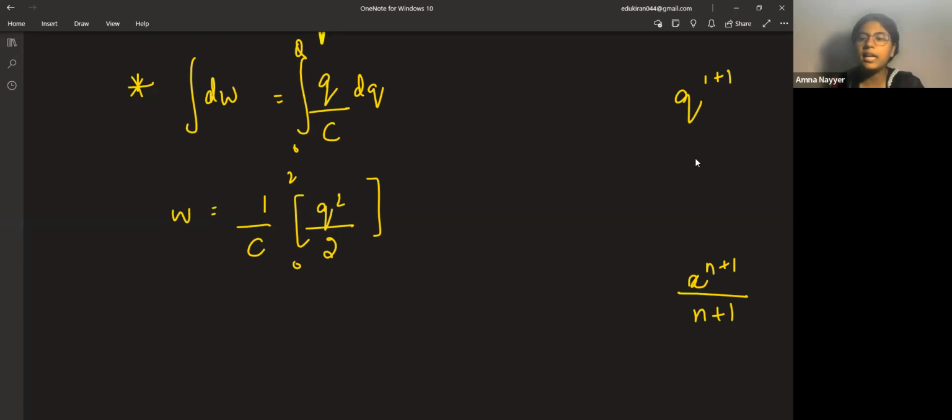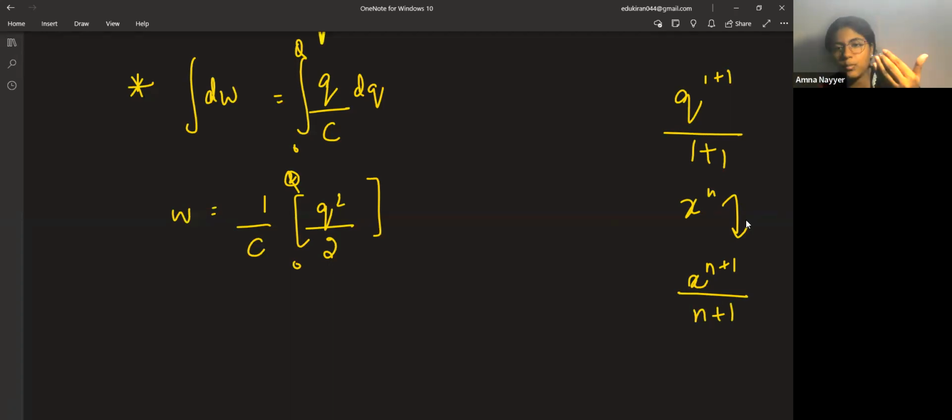So 1 plus 1 will divide. That's why I've written it as Q square by 2, integrating from 0 to capital Q. Clear? x to the power n is integrated using this formula. All those who have forgotten their integration, this is how we integrate: x to the power n plus 1 divided by n plus 1.